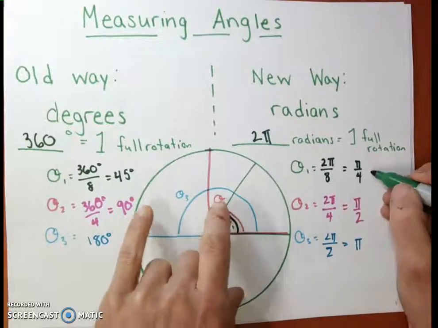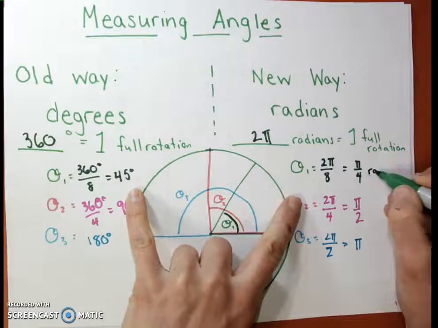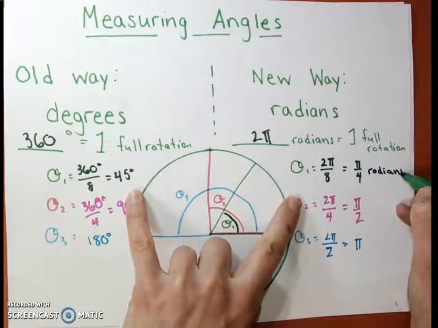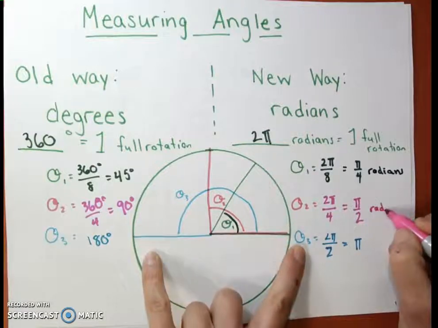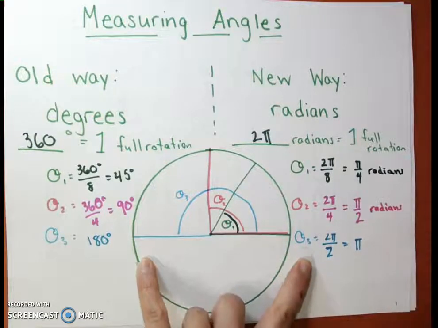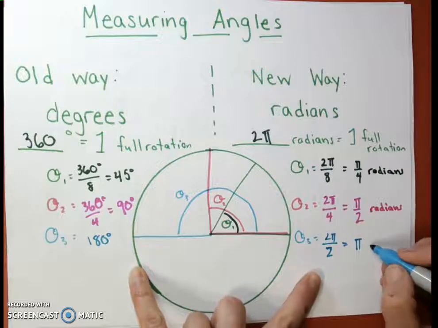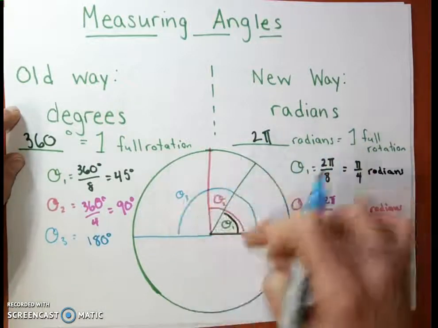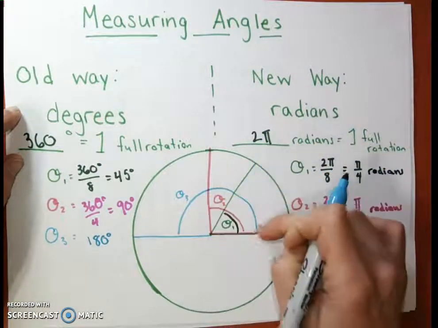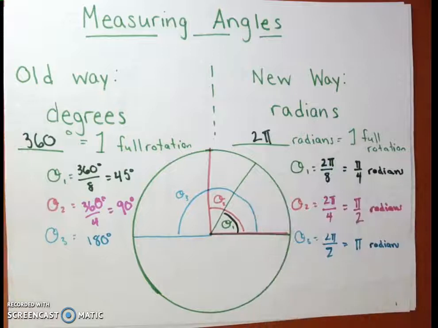So we have that 45 degrees is the same as pi over 4 radians, 90 degrees is the same as pi over 2 measured in radians, and 180 degrees is the same as pi radians. So this angle is pi, this angle is pi over 2, and this angle is pi over 4.